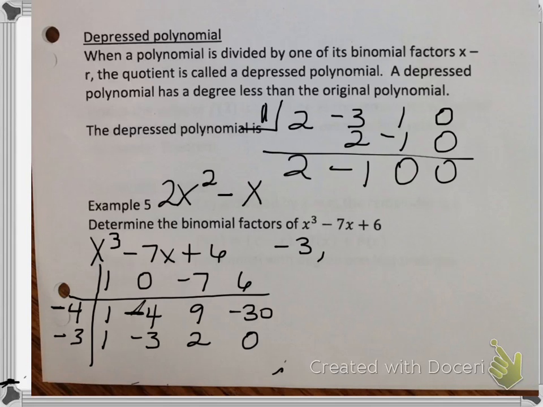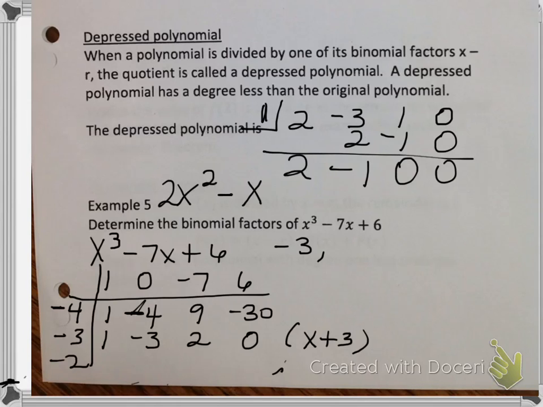Now I can continue this on, trying negative 2, negative 1, 0, 1, and 2, and I can find the factors. So x plus 3 is a factor. And so I can find the factors of the equation. Now that's one method.